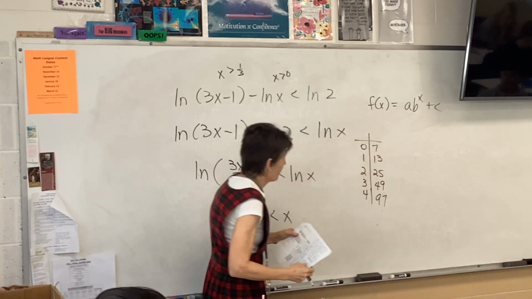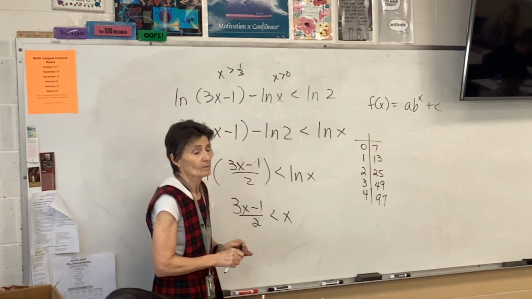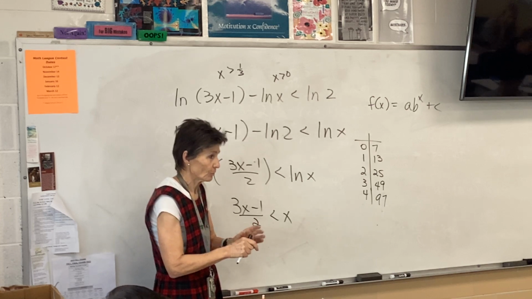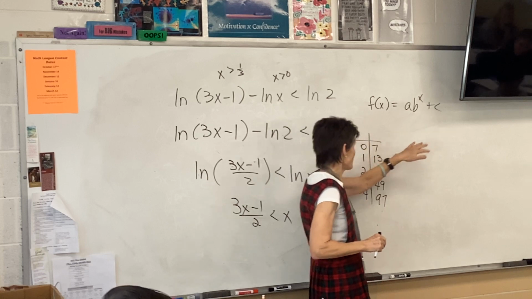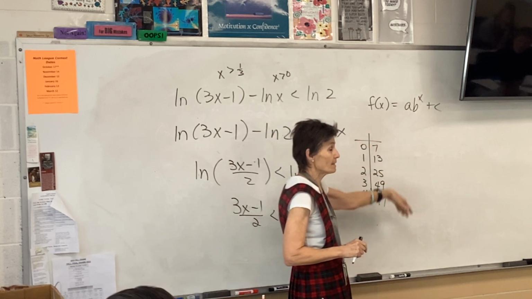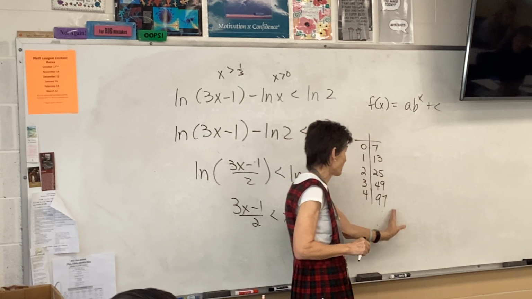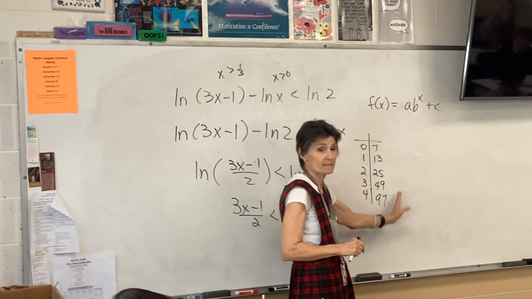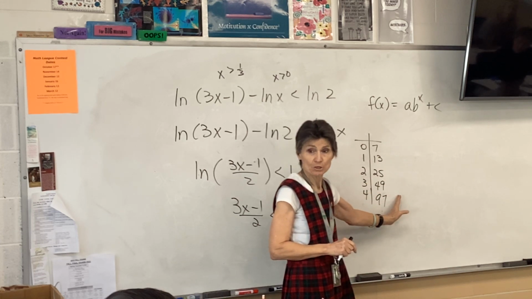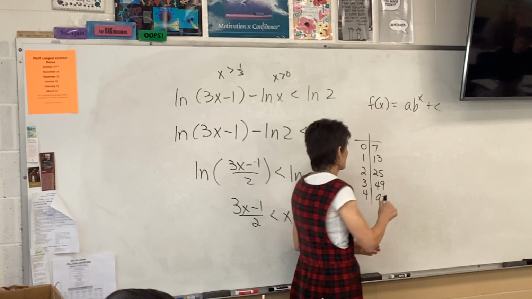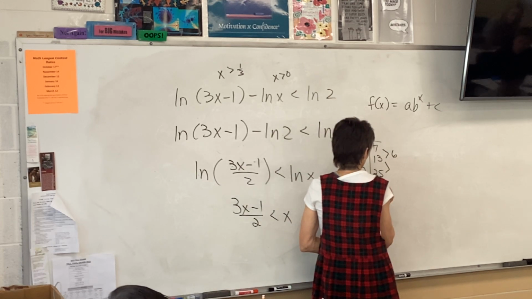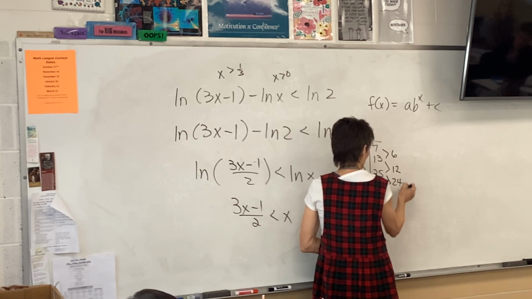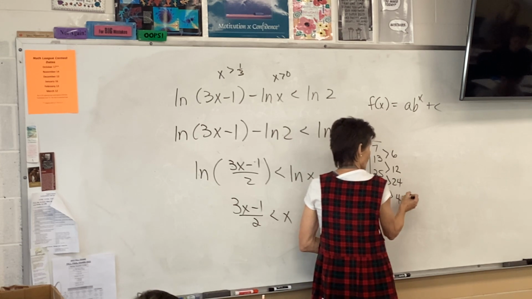Okay, now, the first thing I would suggest you do is, you know you're shooting for exponential, right? So what should be happening over here? If this is exponential, what should I observe when I do my differences over here? They should be proportional. So let's see what they are. Let's see, this one's 6, this one's 12, this one's 24, and this one's 48.